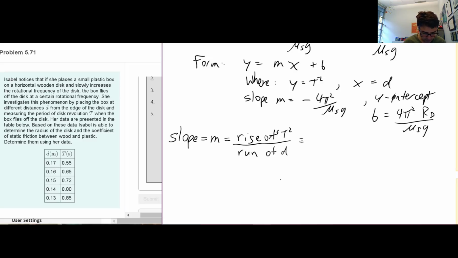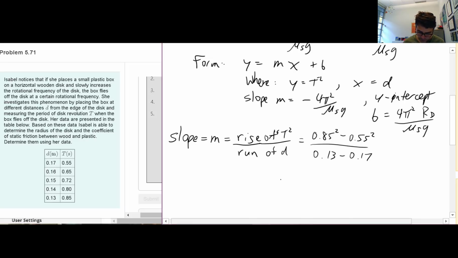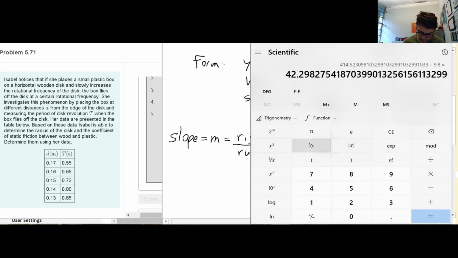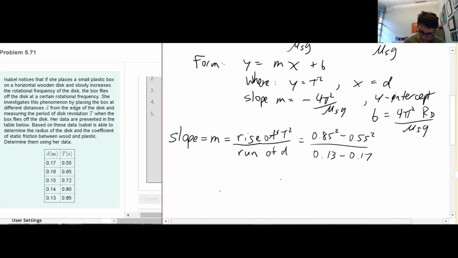So that's going to be 0.85 squared minus 0.55 squared divided by 0.13 minus 0.17. So 0.85 squared minus 0.55 squared equals 0.42.